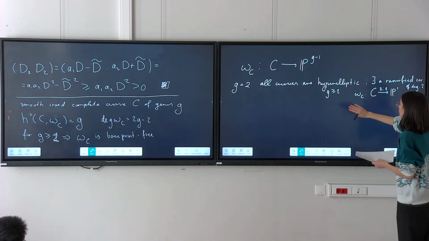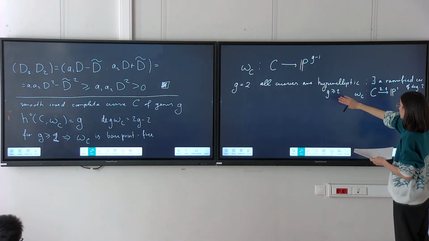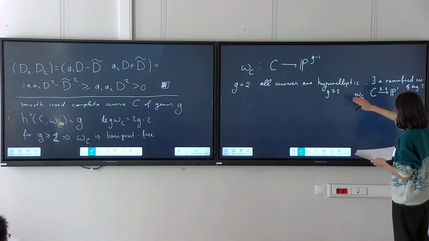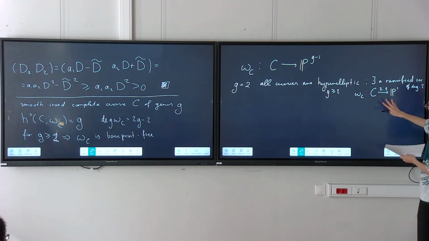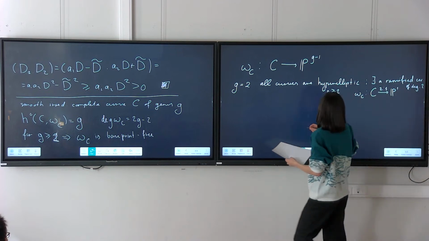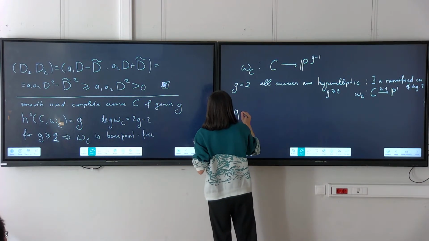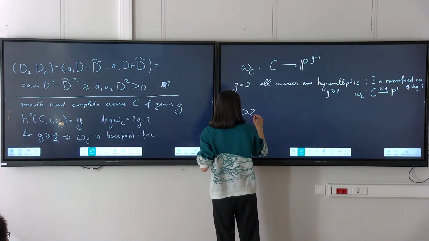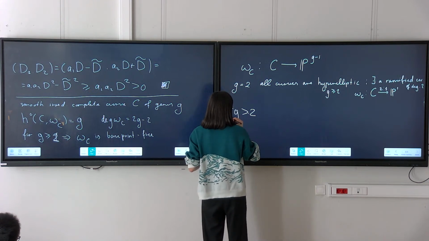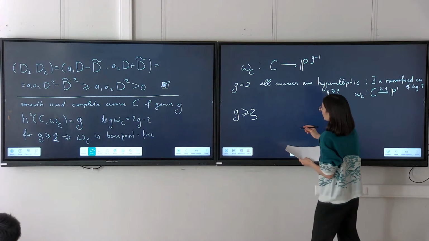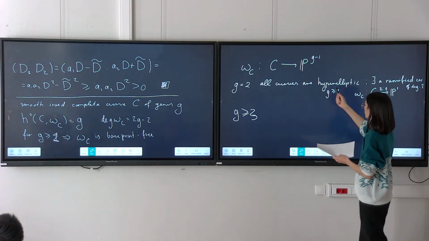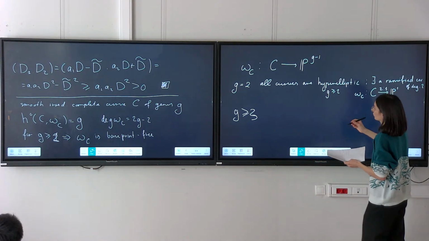For genus 2, all curves are hyperelliptic, and the corresponding ramified covering is given by the canonical bundle. And for genus greater or equal to 3, there exist both hyperelliptic and non-hyperelliptic curves.